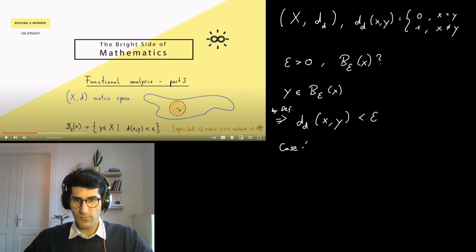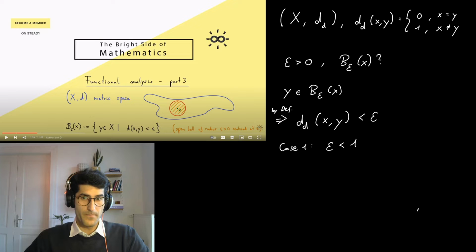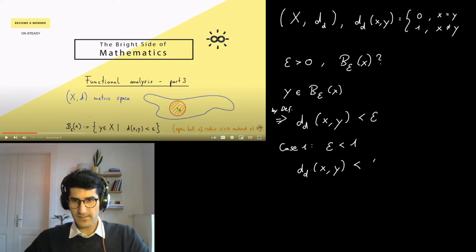So the case 1 that we want to look at is if epsilon is strictly smaller than 1. Then the above equation reads that the discrete metric for x and y, so this distance here, is strictly smaller than epsilon, which is strictly smaller than 1.